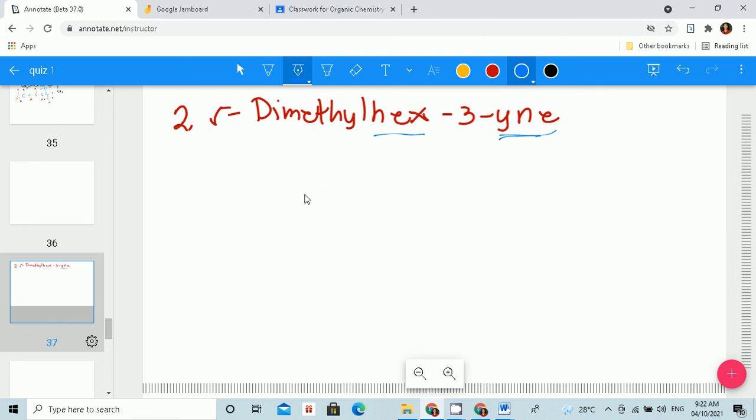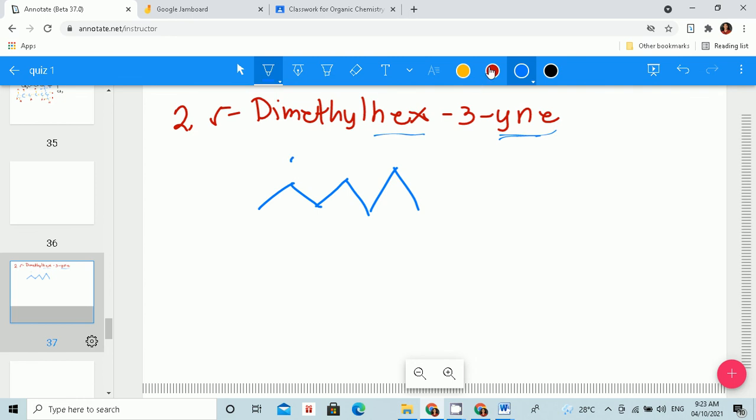So we have, let's draw the line structure. So we have 1, 2, 3, 4 again. So that is 1, 2, 3, 4, 5, 6, 7. That's hex. And then it says that in 2, 5, it's 1, 2.